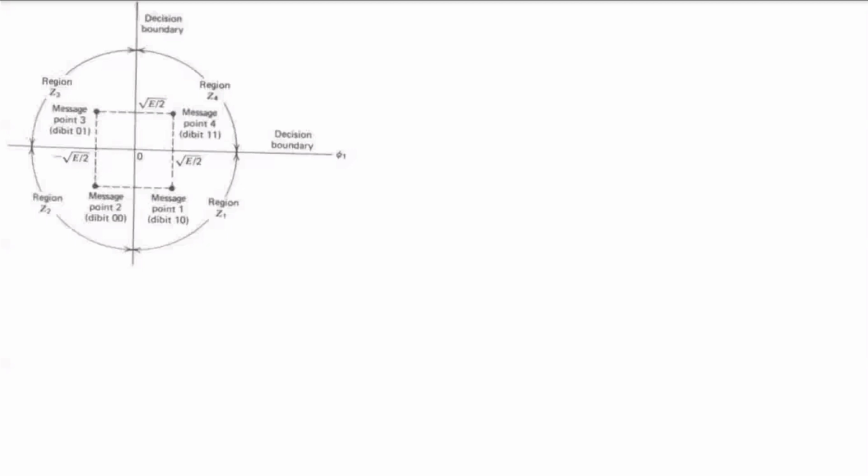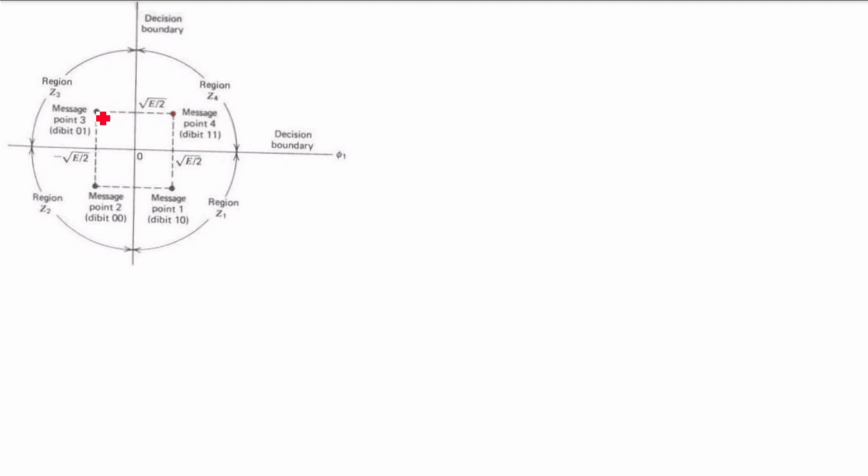Like this, we can draw the signal space diagram for QPSK, and we also call it the signal constellation of QPSK. You can see the message point corresponding to dibit 1 1 is here, which is in the first quadrant.